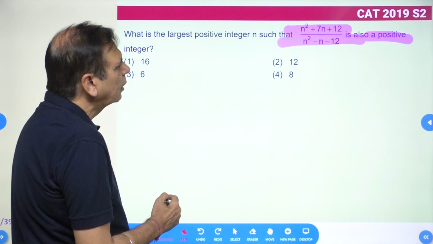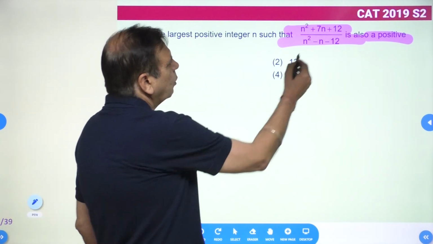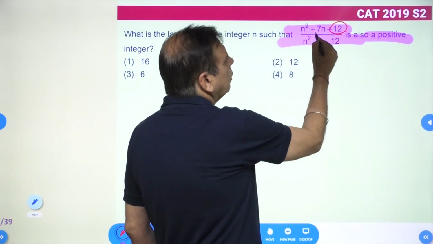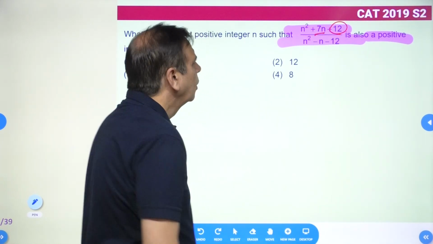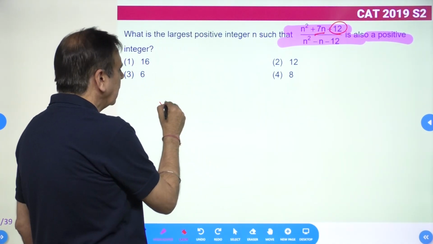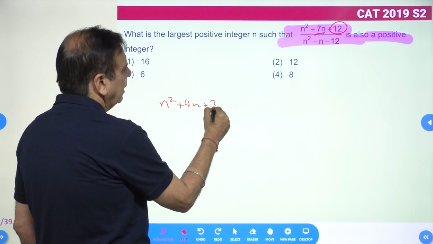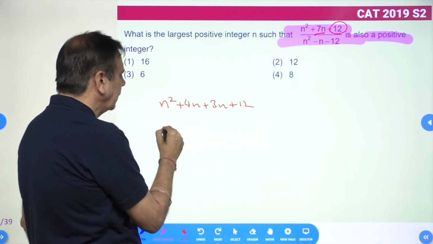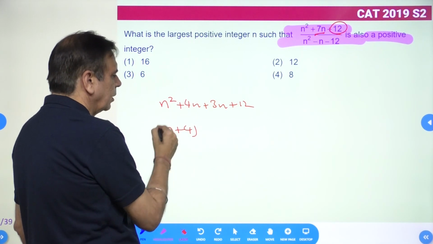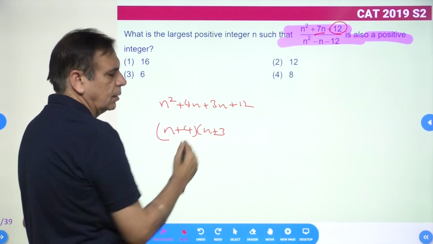Now both of these are quadratic equations. What is n square plus 7n plus 12? 4 into 3 is 12, 4 plus 3 is 7. So I can write the numerator as n square plus 4n plus 3n plus 12, or I can write it as n plus 4 into n plus 3. Right?